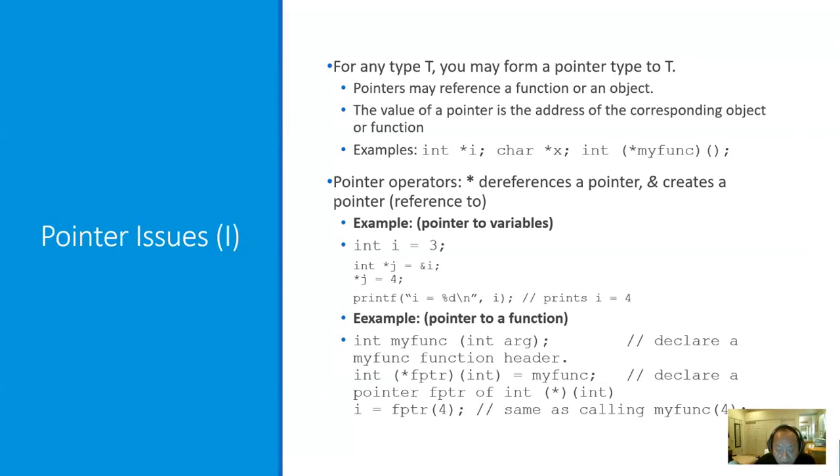And then I can actually run fptr of 4. I actually will run my function with argument 4. Is that okay? So this one right here, when you read it, it's a function of integer. What type of function? It's a pointer to a function of integer with an integer parameter. Okay.